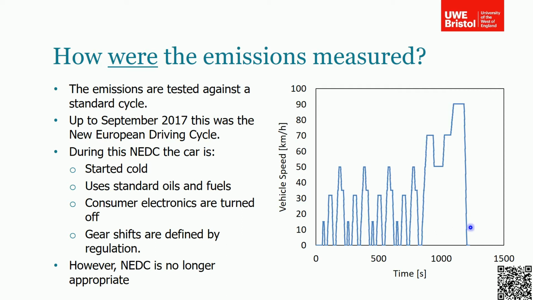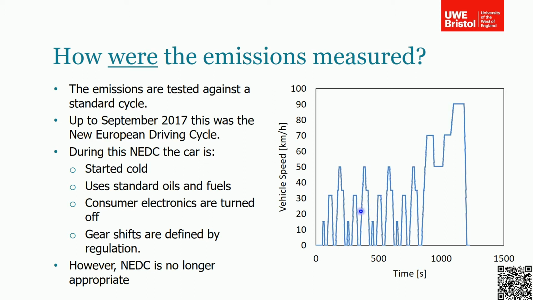Whilst it's driving along, they measure the amount of carbon dioxide and the amount of harmful emissions that the vehicle's producing, and then they add it all up at the end and check that it's below the limits. If it is, then they're permitted to sell the vehicle in, for example, Europe, which this cycle was for.